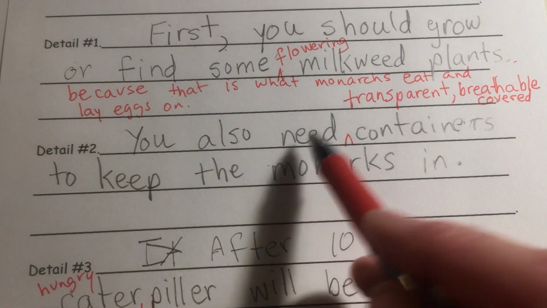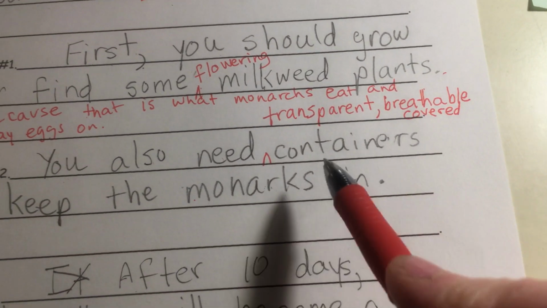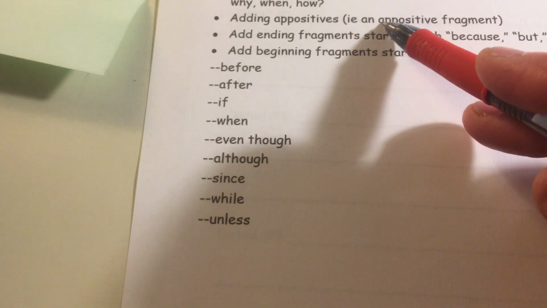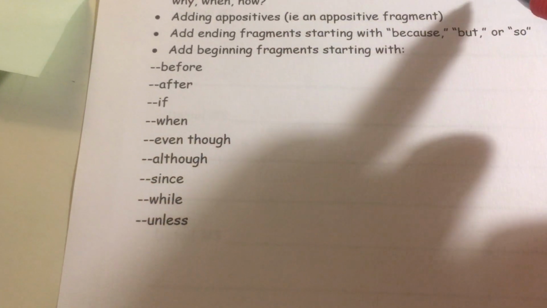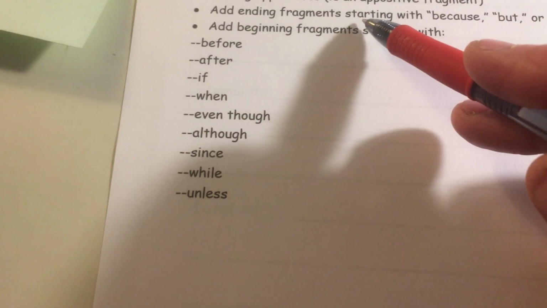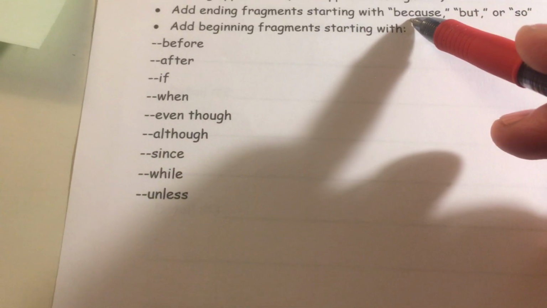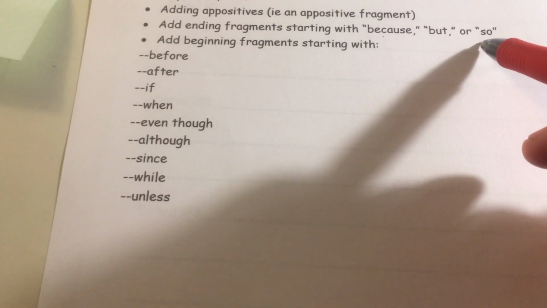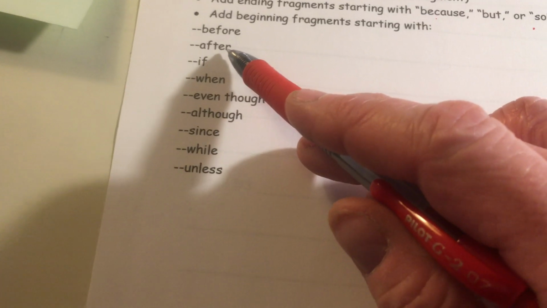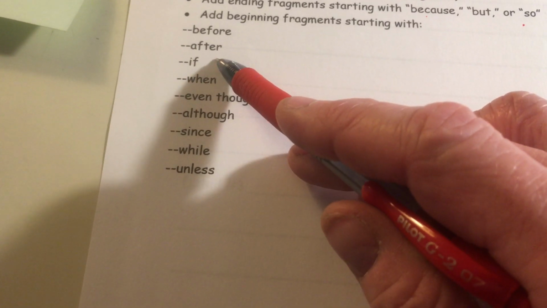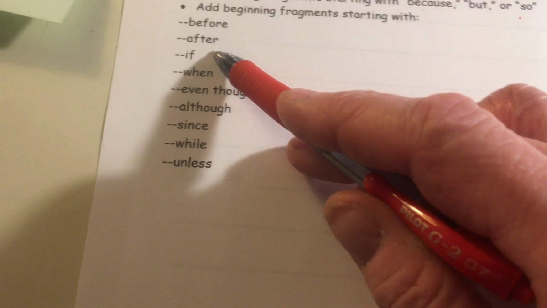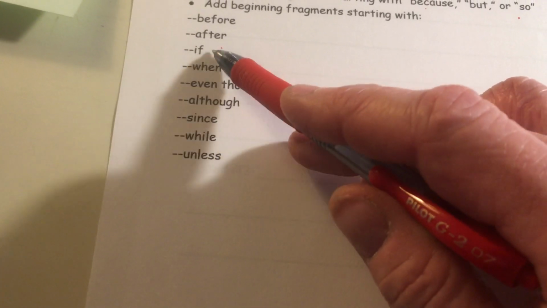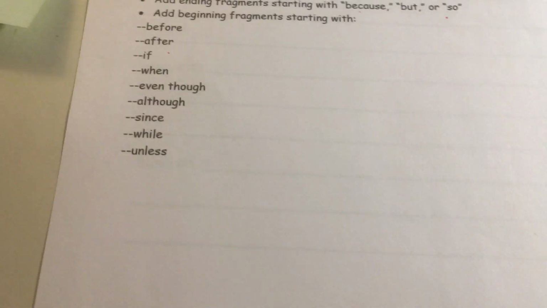The next sentence. You also need transparent, breathable, covered containers to keep the monarchs in. So I've done an appositive. I've done the asking word why. I did a because, actually. I did a because and a why. I could do a so. Could I do before, after, you could do a before and an after, right?